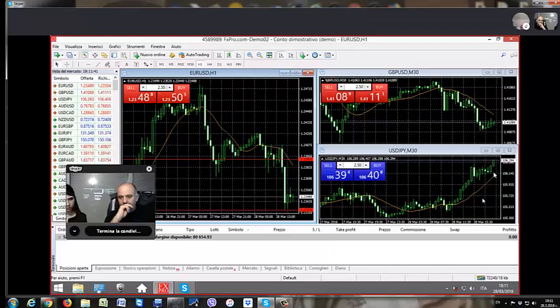Because if some banks start to buy, for example, euro sterling now, euro moves up. In this case, at the moment, we can say that euro dollar is supported on the bottom by euro yen, and on the top is capped by sterling.